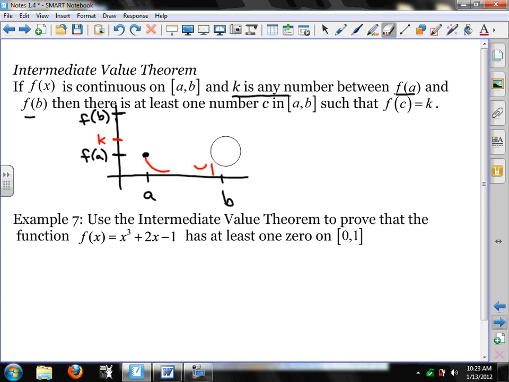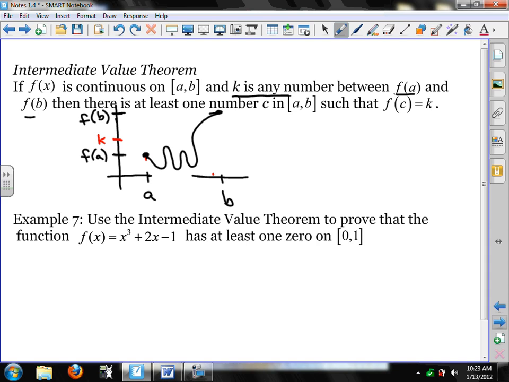If f of x is not continuous, so f of b was up here, this wouldn't necessarily have to be true. I have a function here that's not continuous, and there's no x value in between a and b for the y value of k.